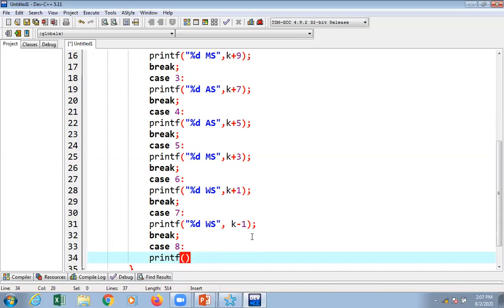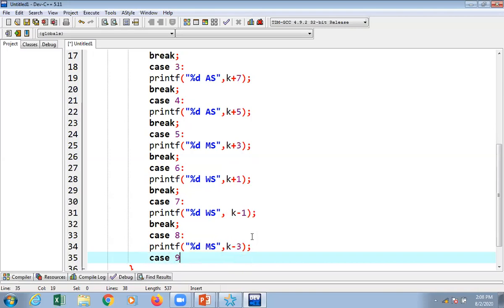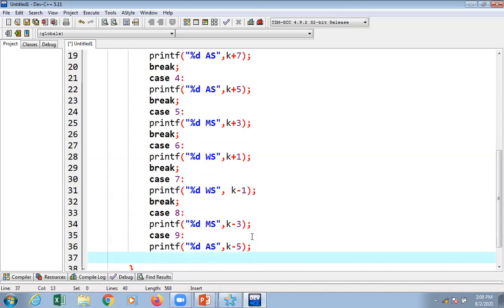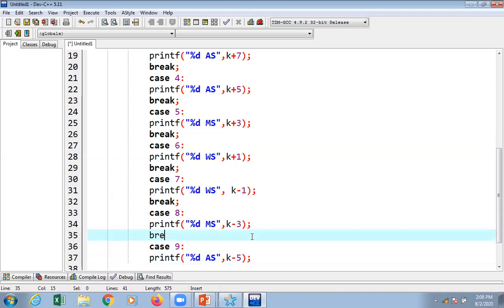Now case 8, percentage d middle seat, and it will be k minus 3. Case 9, printf percentage d as k minus 5. Similarly, we'll be going on, and we have a break here.